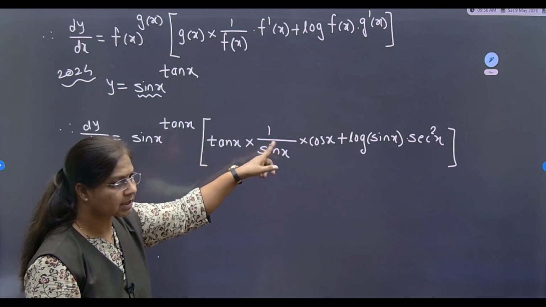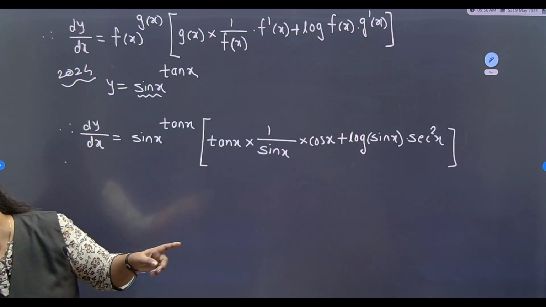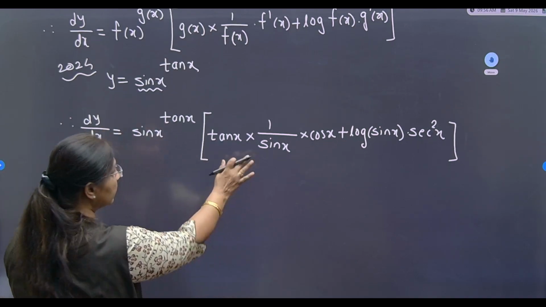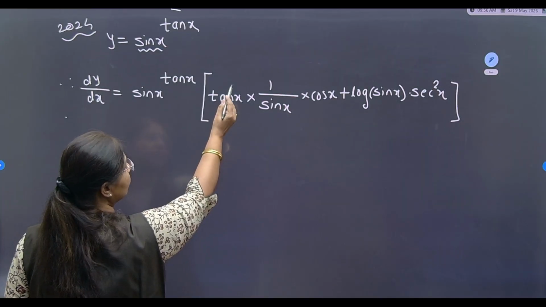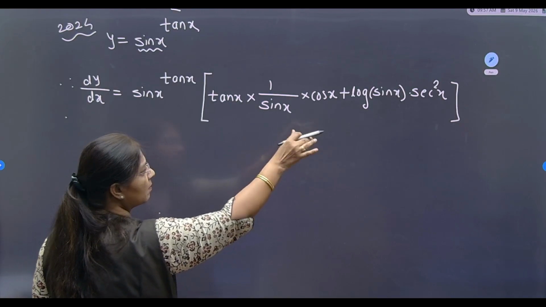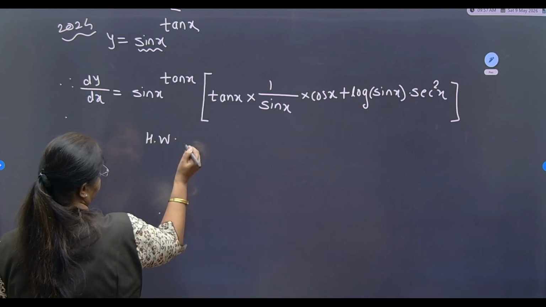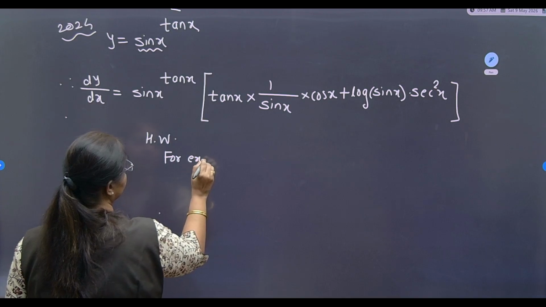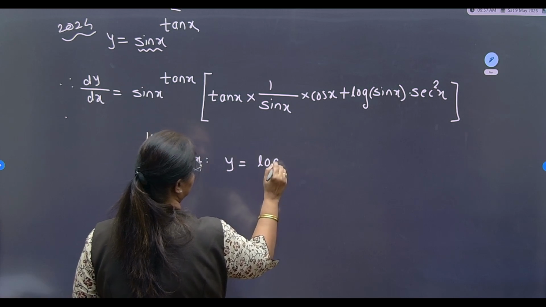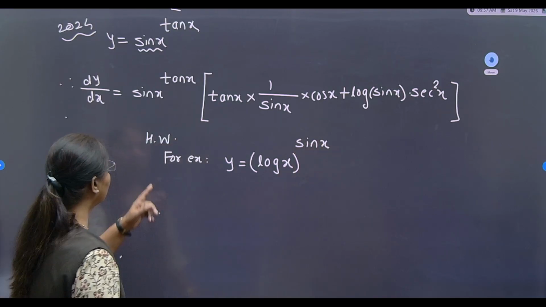Here you can also do it this way: tan means sin by cos into sin upon sin, cancel the term, and the rest you can adjust by looking at the options. Okay, next example, log x raised to sin x. Okay, homework example.